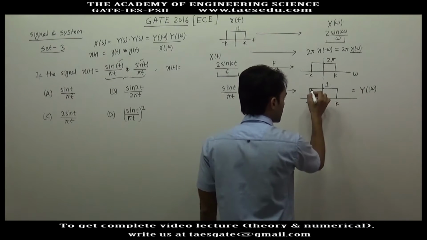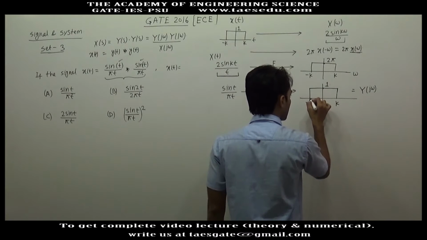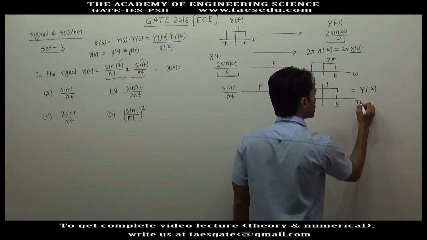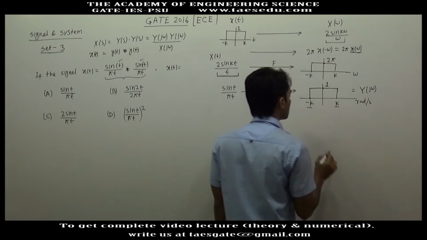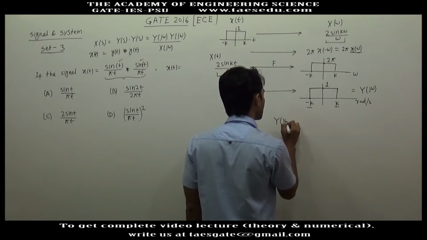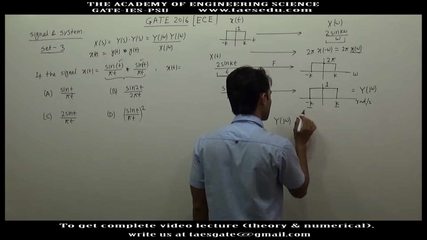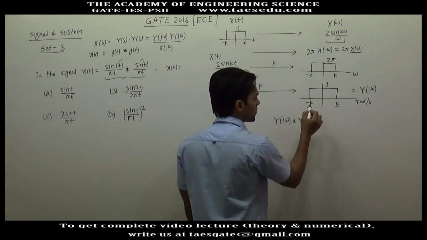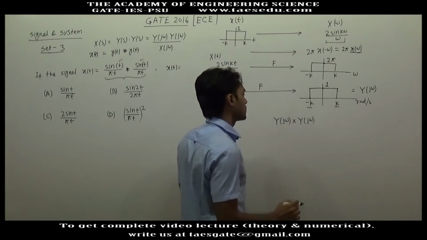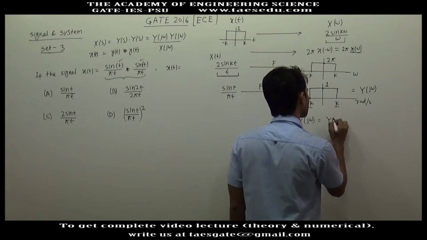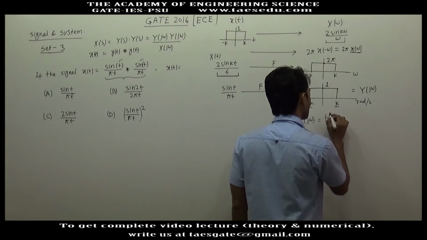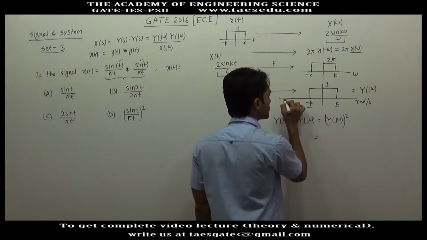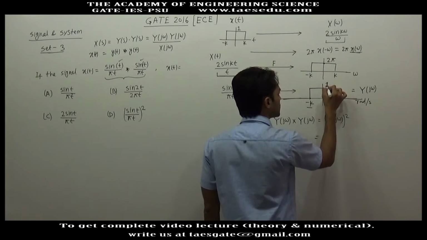Y(j omega) has height 1, and it is from minus k radian per second to plus k radian per second. So what will be Y(j omega) times Y(j omega)? If you multiply the same function, this will be Y(j omega) whole square. When you square 0 you get 0, and 1 squared is 1.